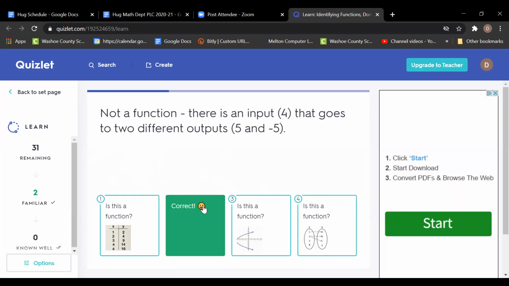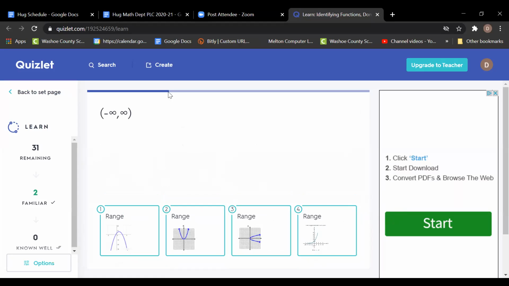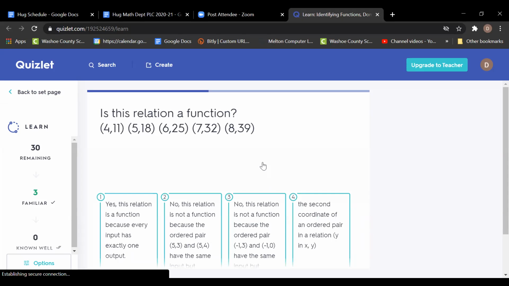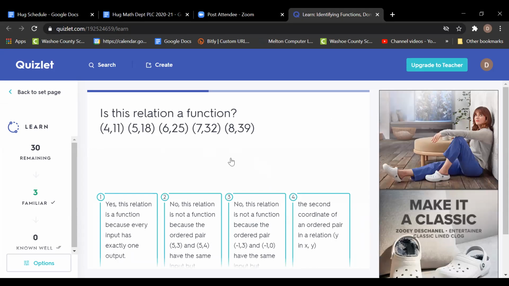If I say this one, I am correct. I just guessed it. Next one is negative infinity to positive infinity. Which one here shows the range of negative infinity to positive infinity? If I put this one, actually that's not correct. So I'm not sure why it said it is correct. But go through the following and take a look to see which one is a function, not a function, domain, and range.